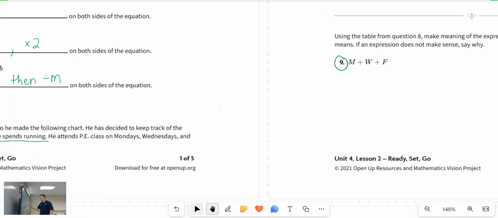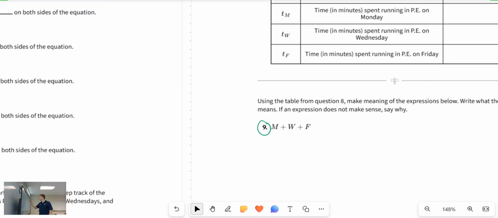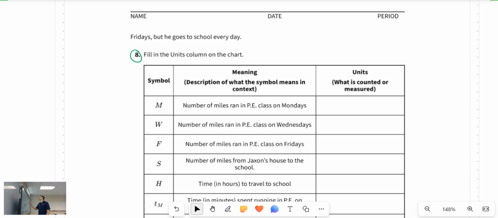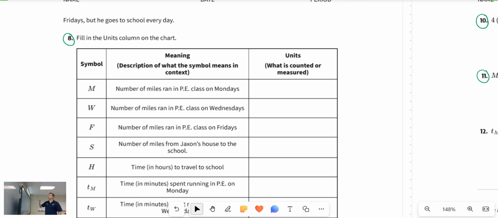All right, let's go look. He attends PE classes on Mondays, Wednesdays, and Fridays, but he goes to school every day. Okay, so he goes to school. Let's assume that's Monday, Tuesday, Wednesday, Thursday, Friday, that he doesn't go on the weekends. We'll assume that. So he goes to school every weekday.